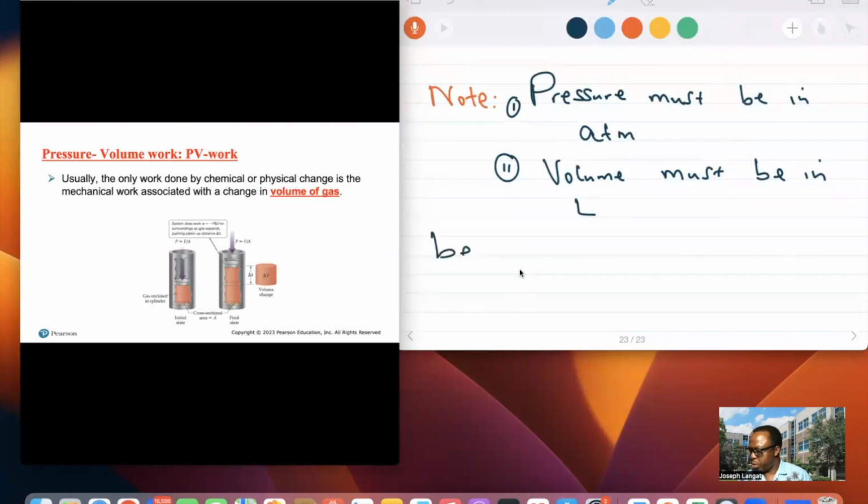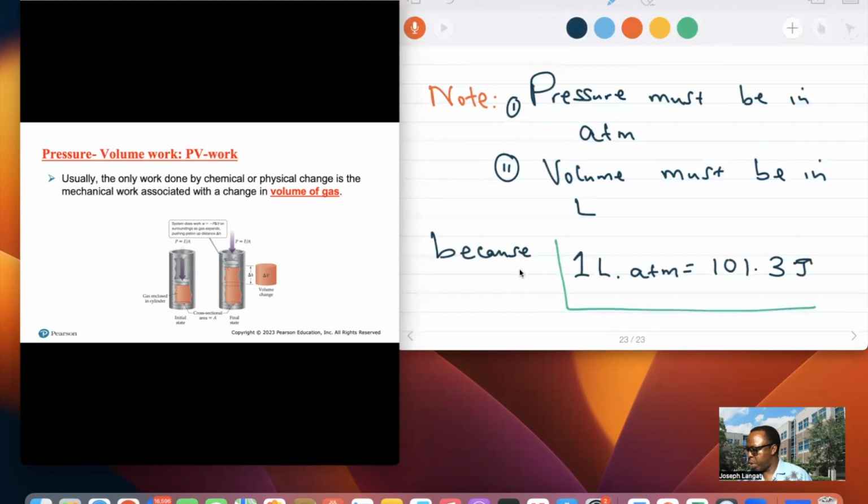Why do we have to do that? We want to relate to energy. 1 liter times atmosphere equals 101.3 joules. This is an equivalent statement you will need. I'll give you in the exam and give you in the quiz, so that you use it to convert whatever you will get into the joules, into the right units.